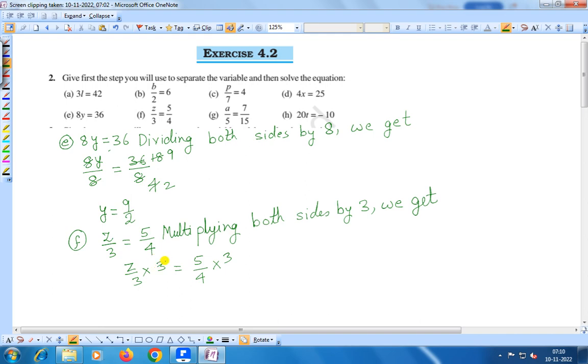This 3 will be cut, and here we are getting 3 5s are 15 by 4. Therefore, z is equal to 15 by 4. Right? Now we will solve question number G and H.